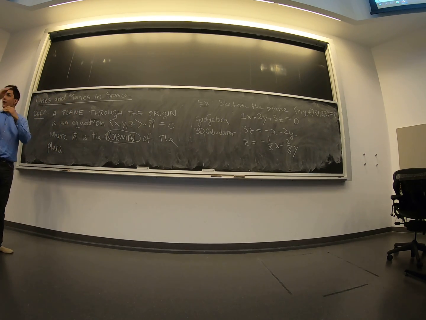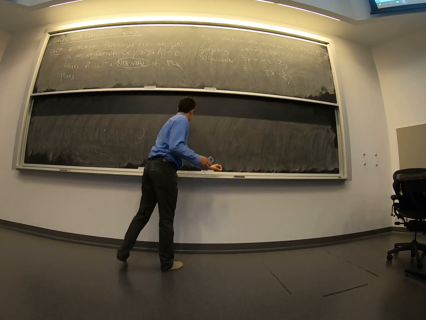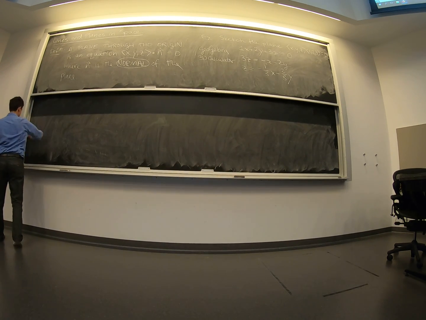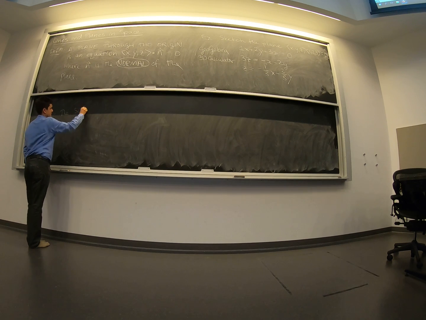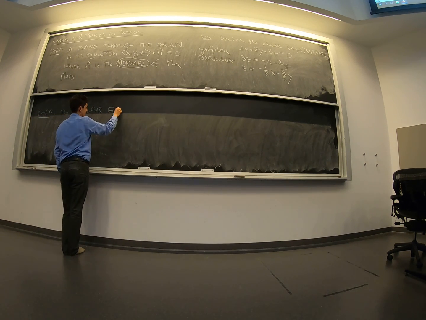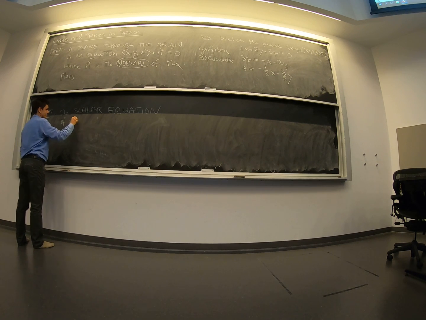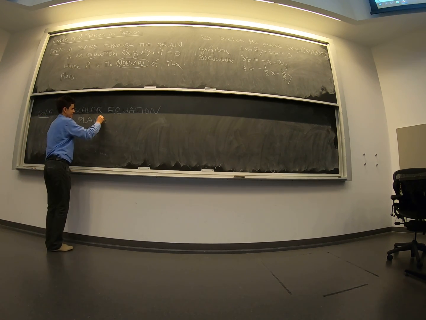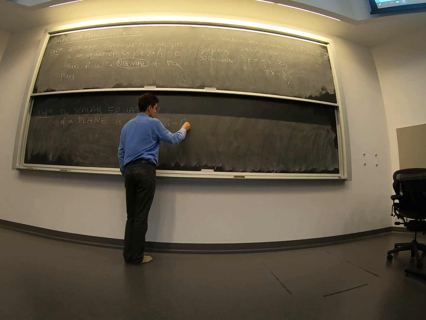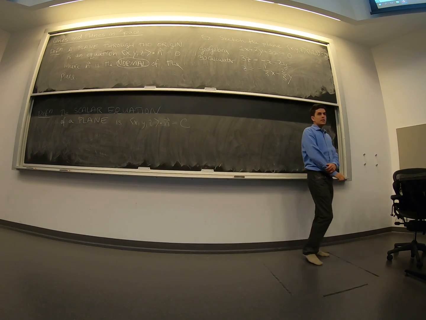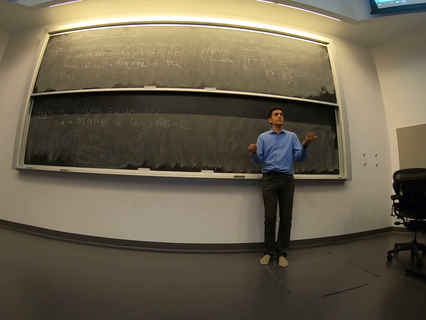Okay, so this is through the origin. Now let's move it up or down. So now we'll say that the scalar equation of a plane is where we dot and we get some output c.